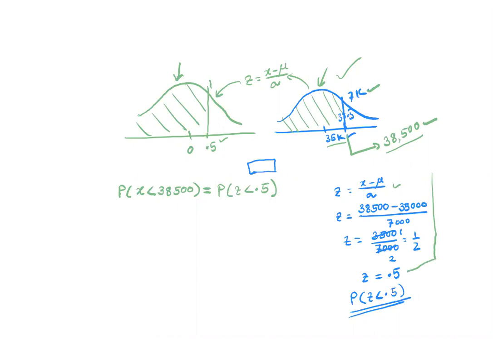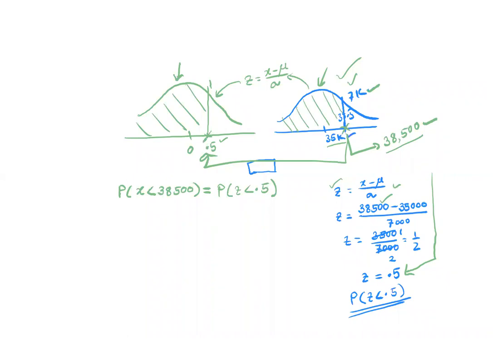That gives me a z value. 38,500 translates to z is equal to 0.5. That's the purpose or job of the z-score formula. It translates or maps one point from this distribution to another point in the standard normal distribution.